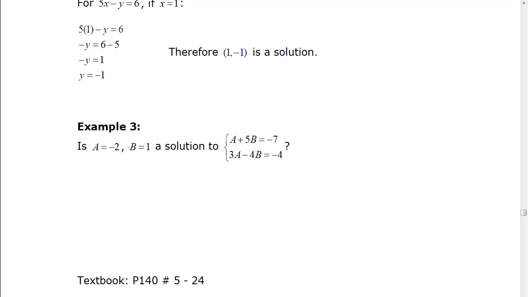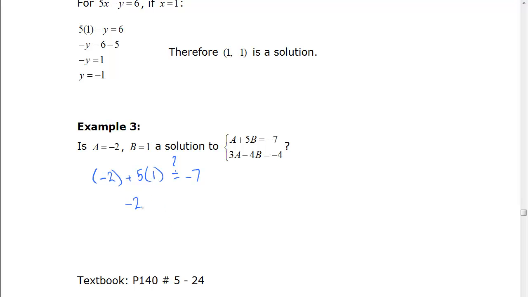Finally, we have example 3 here, where we're asked, is a equals negative 2, b equals 1 a solution to the system of equations? Remember, for this to be true, it needs to be a solution to both the first equation and the second equation. So we're going to check in the first one. We get negative 2 in for a plus 5 times 1 in for b. And we're asking ourselves, is that negative 7?